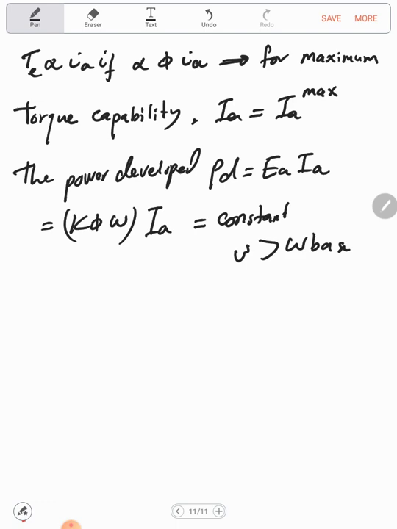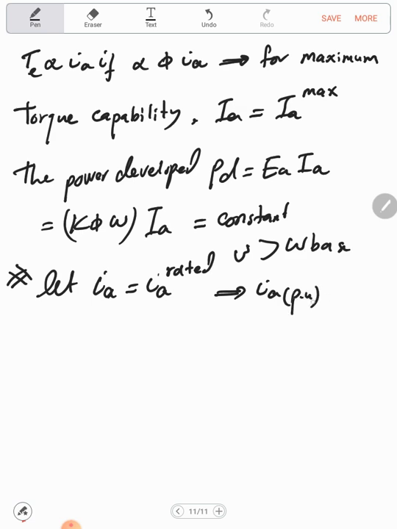So let's assume the maximum current is the rated current here. So this is the case that I will discuss here. So let IA equal IA rated. So in per unit, IA in per unit will equal 1.